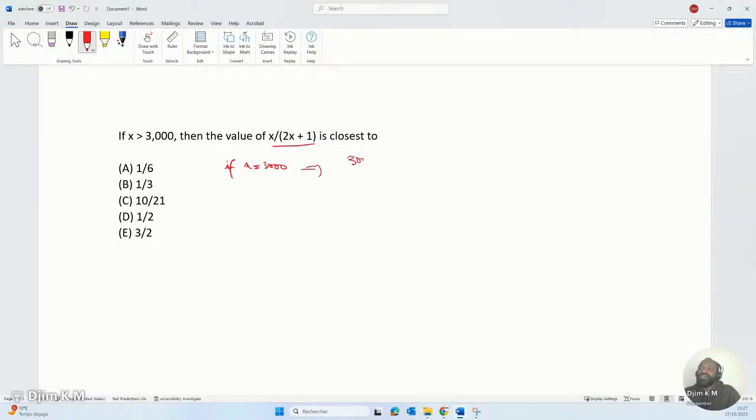That means 3000 over 2 times 3000 plus 1, which is 3000 over 6000 plus 1, so 6001.